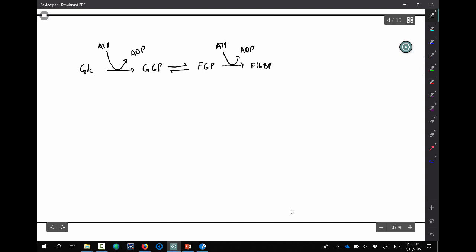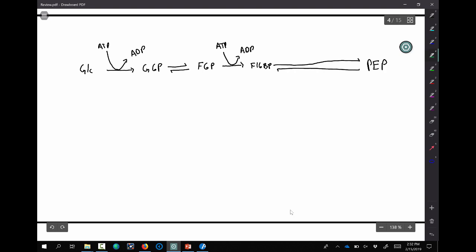And then you could draw it like this. I mean, this is a really simplistic way of thinking about this. There are several reversible steps after that, right? So essentially everything until the end of the pathway is reversible.